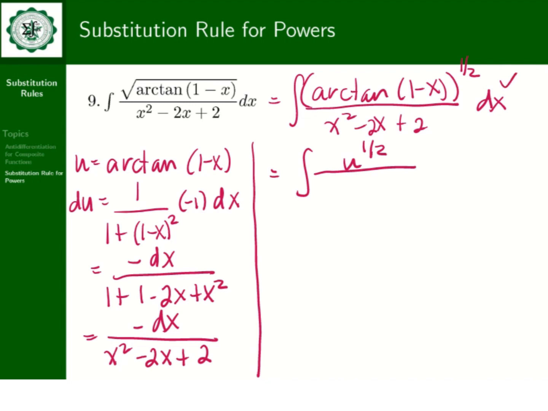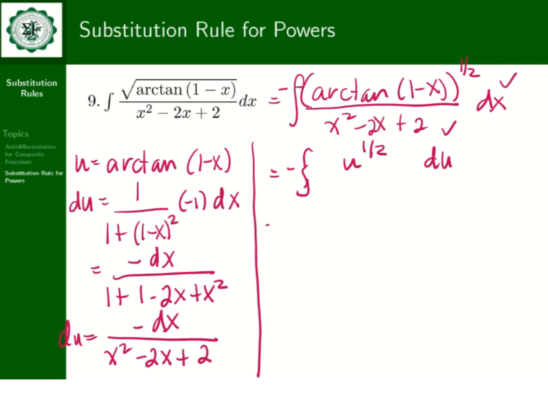Now dx over x squared minus 2x plus 2 is du, but we need to put in a negative 1 so that we can perform the substitution. So we put negative 1 inside and correct that by putting negative 1 outside as well. So thus our given in substituted form becomes negative of the integral of u raised to 1 half du.